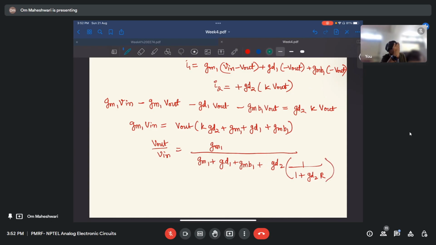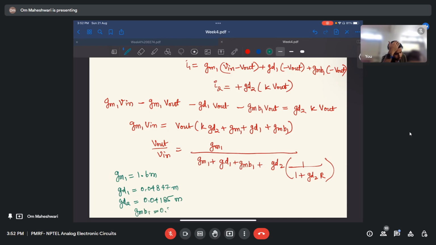So here also all the values are given. GM1 is 1.6 milli, and GM2 we don't need. GD1 is 0.04847 milli. GD2 is 0.04185 milli.